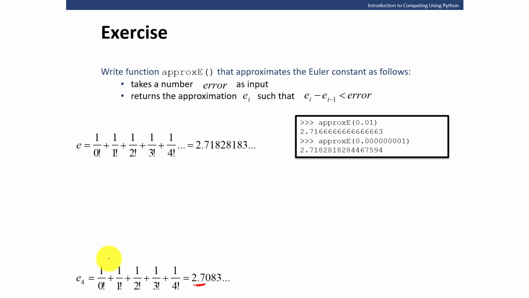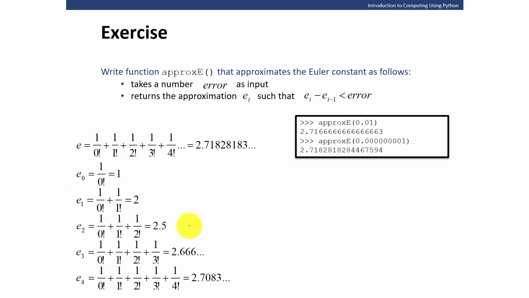So basically, guys, you can see that the most accurate approximation of the Euler constant is from e4 up to e of n, where n can be 1000. But there is a trend here, if you noticed. So what is the trend here?